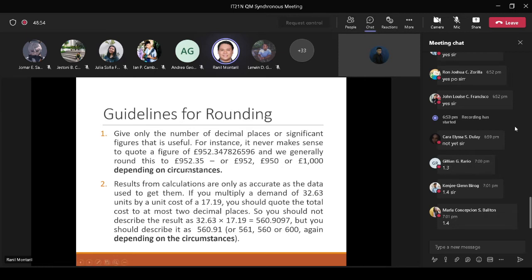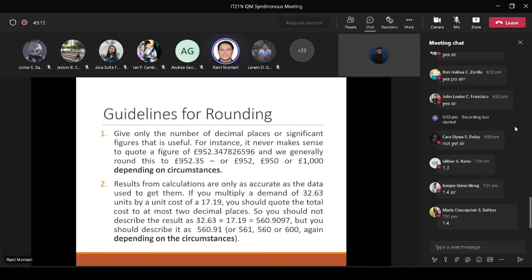And we generally round this normally in this figure, right? 952.35. Sometimes you round it to three significant figures, which is 952, sometimes two significant figures, which is 950, sometimes one significant figure, which is 1000. It depends on the circumstances. That's why it is being mentioned.